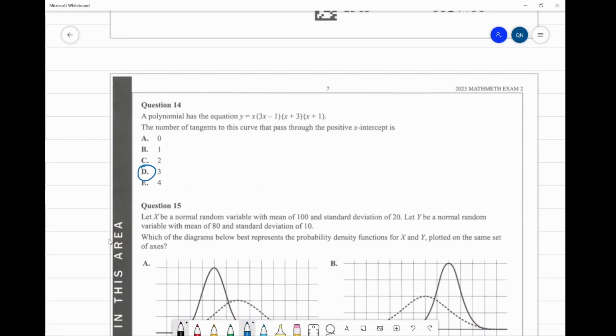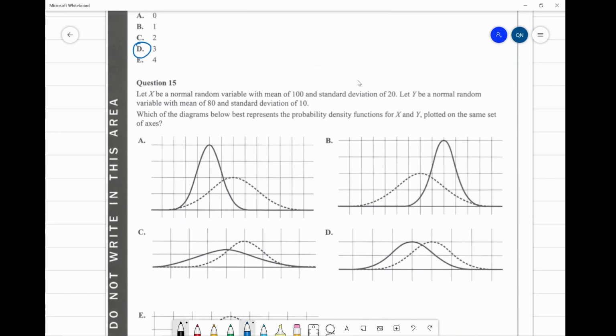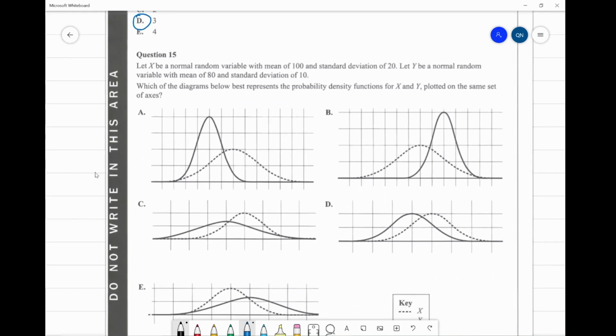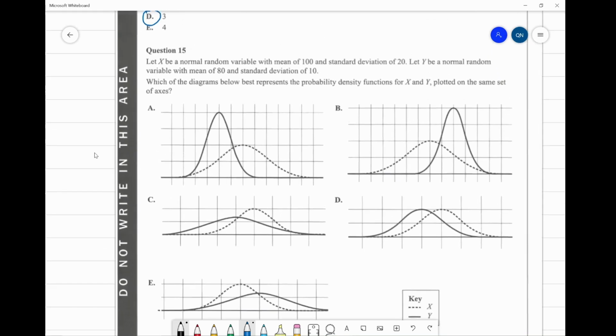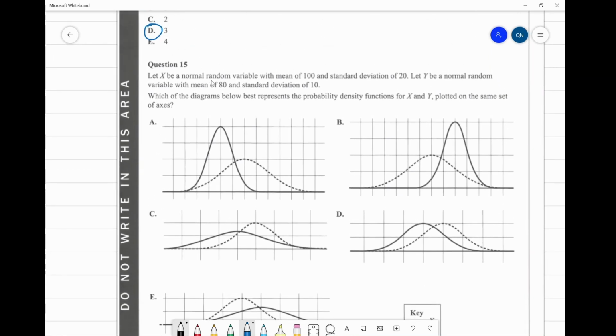Question 15. X is a normal random variable with a mean of 100 and standard deviation 20. Y is a normal random variable with a mean of 80 and standard deviation 10. Which of the following diagrams best represents the probability density functions for x and y plotted on the same set of axes? X is dotted, y is bolded. X has a mean of 100, so we want dotted to be more to the right than bolded.